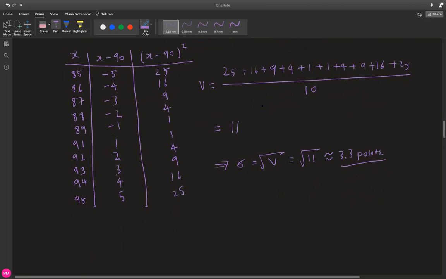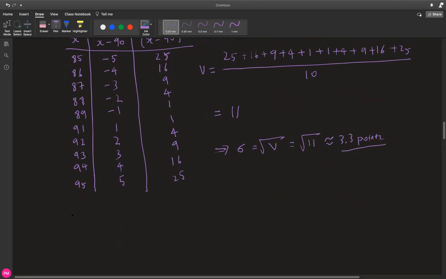So just before I let you go, I'm going to make one remark. The standard deviation tells us how much the data are scattered.